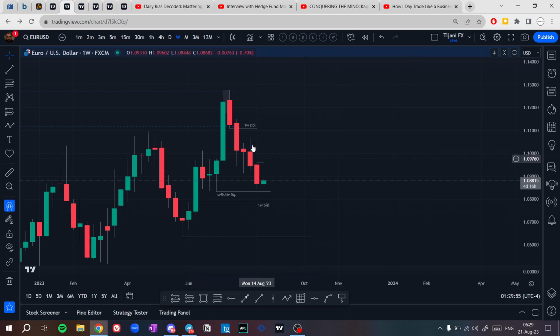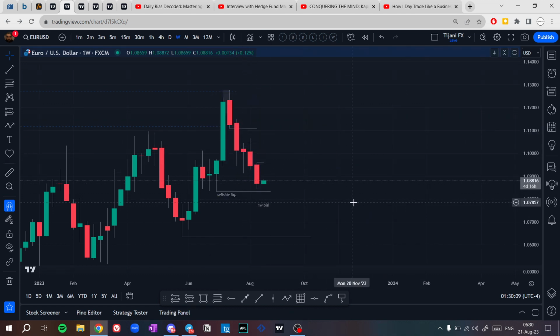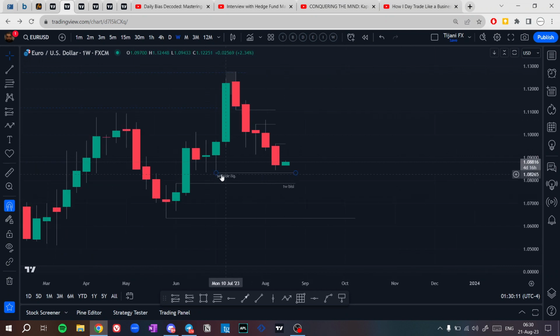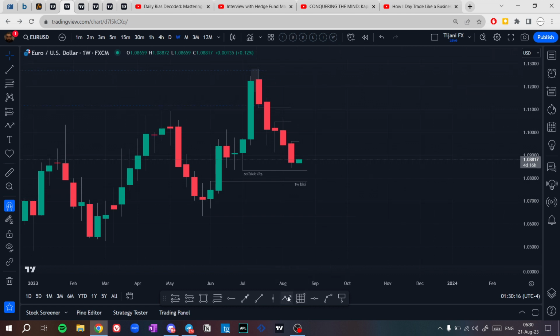But it shows that price is finding resistance from the premium PD array, as price has filled this weekly CB, then it drops lower and just continues lower as it is targeting this sell side liquidity below this low. So here, like I said, I'm expecting price to check July's low here, then a continuation lower to check this low.